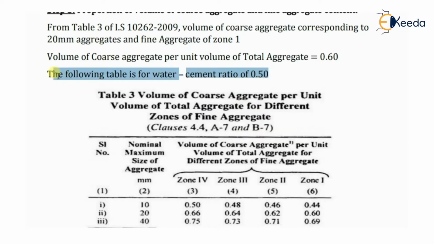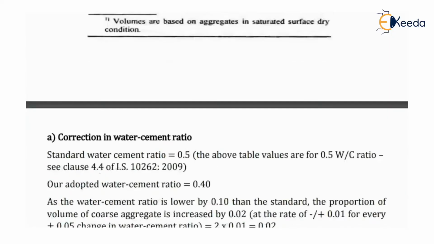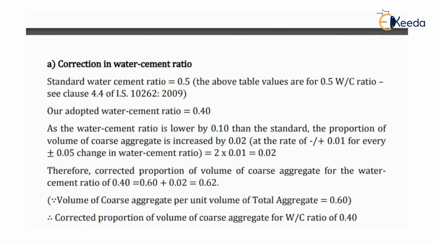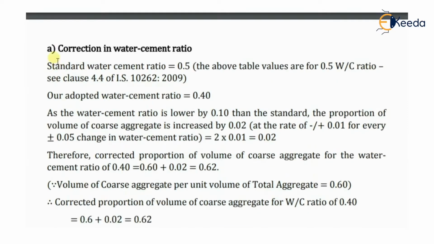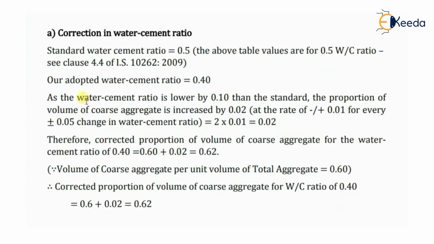That is the standard value. This table is made for the standard water cement ratio of 0.50. But in our case, we have decided the water cement ratio as 0.40. So we have to make some correction in the water cement ratio. The standard water cement ratio which the IS code has suggested is 0.50, so the above values are for 0.50 from the IS code clause, but our adopted water cement ratio is 0.40.